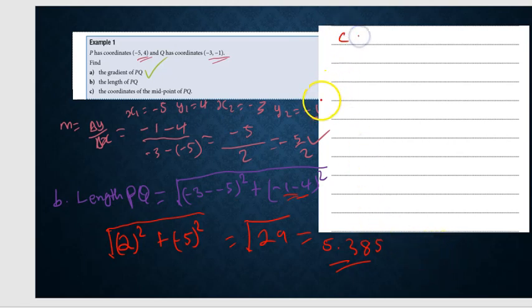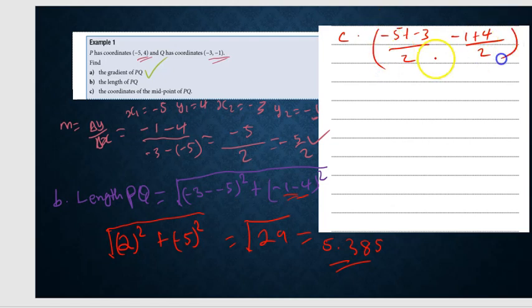C, you are to find the coordinate of the midpoint. So we do x1 plus x2 divided by 2, then we are going to have negative 5 plus negative 3, divide this by 2. And then we have negative 1 plus 4, then divide also by 2.